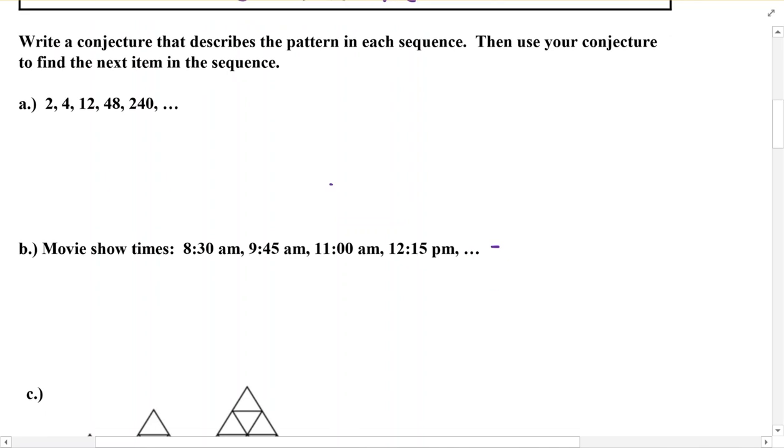In the first problem, we're asked to write a conjecture that describes a pattern, then use your conjecture to find the next item in the sequence. So for the first problem, we have 2, 4, 12, 48, and 240. And we want to know what the next number would be.